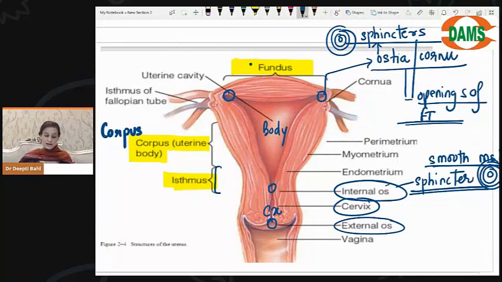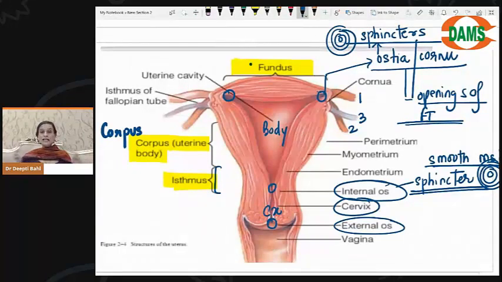Then at the upper end of the uterus, if you can see here, three structures are attached on either side.